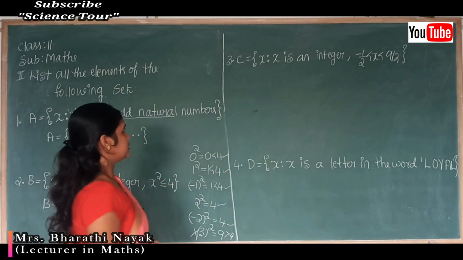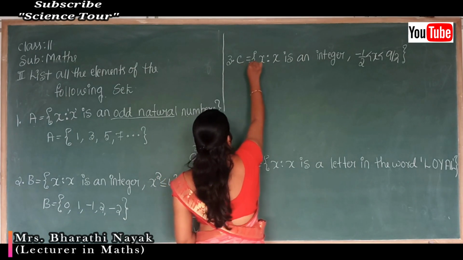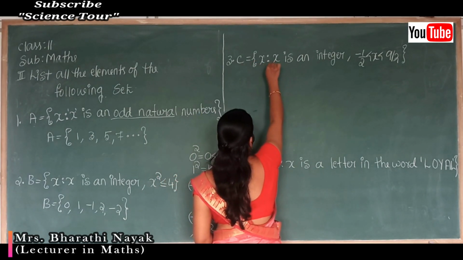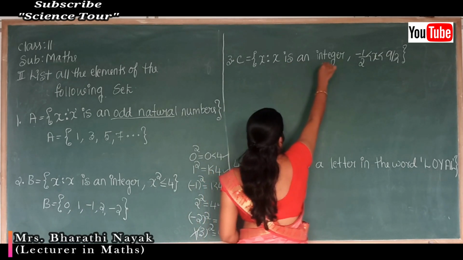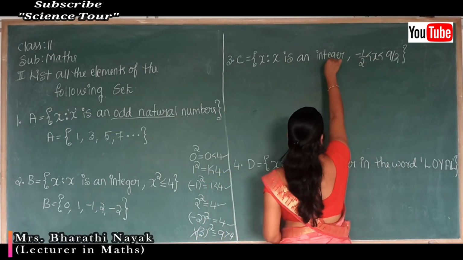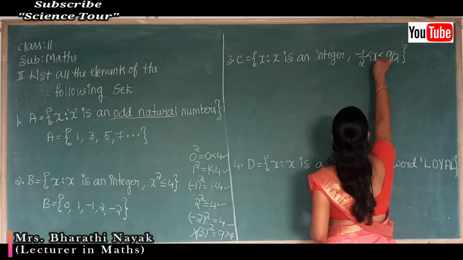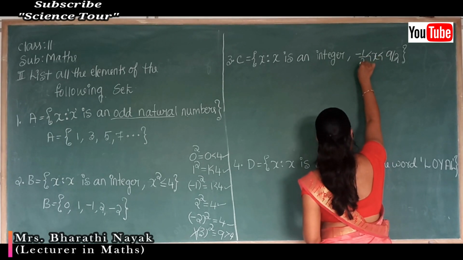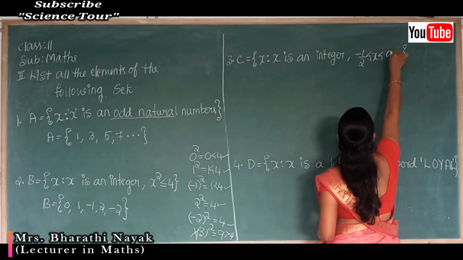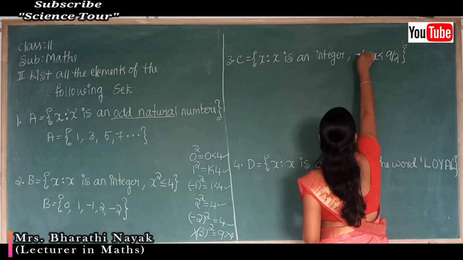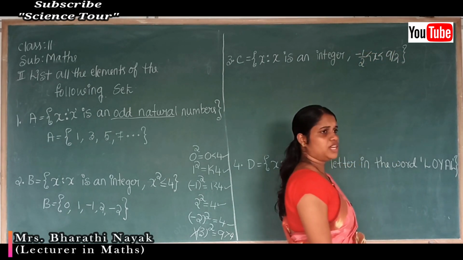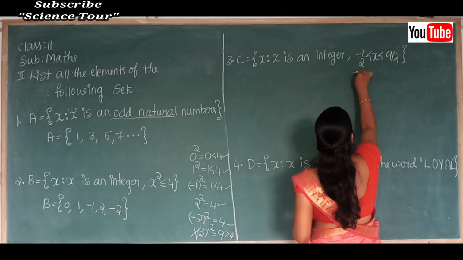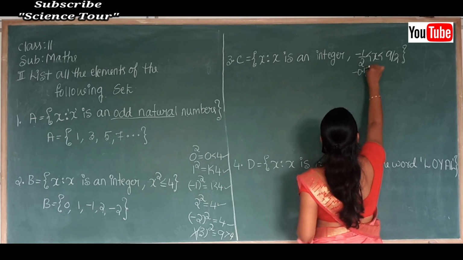Yes. So next we'll consider the third problem. C is equal to the set of all x such that x is an integer. Also the value of x must be greater than minus 1 by 2 and less than 9 by 2. Minus 1 by 2 is nothing but, in decimal form, minus 0.5, isn't it?